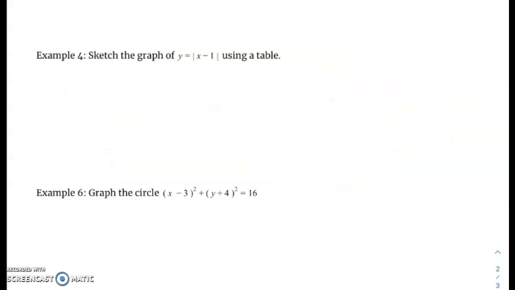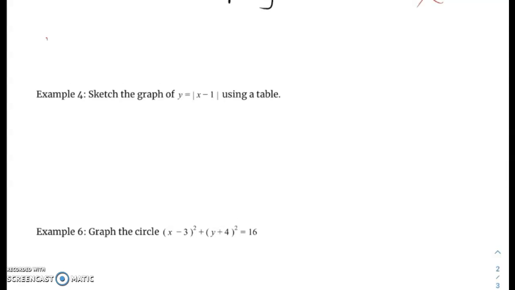Okay, example 4, we're going to sketch a graph of this function using a table, just like we did in example 1. Now, if you don't recognize it, this is an absolute value function. So let's talk about what absolute value actually means. An absolute value function is actually a piecewise function. And what it does is it says that you've got 3 cases.